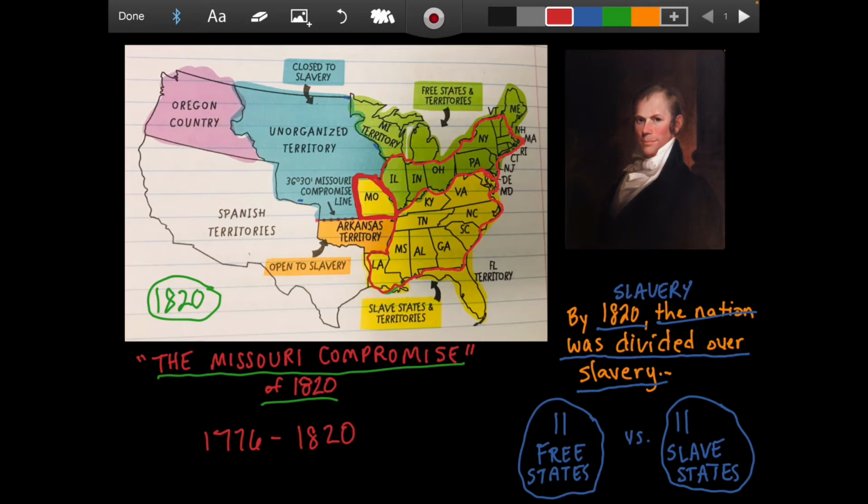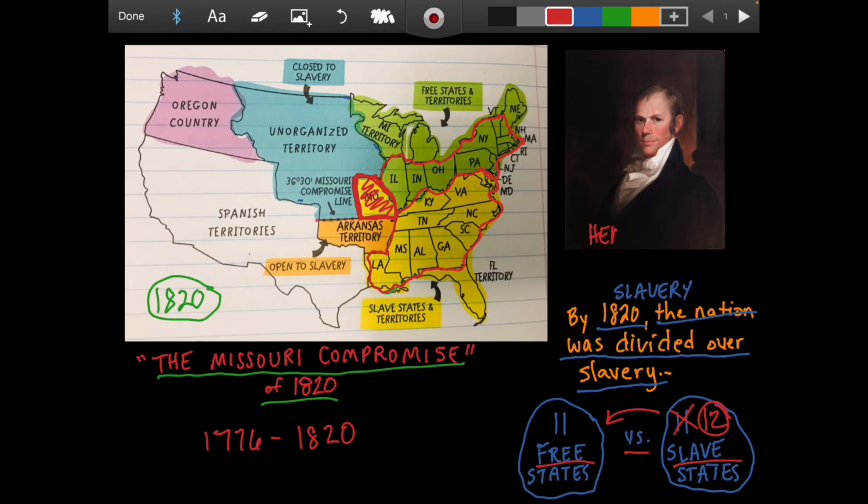But if they do this, it will change the balance between the free and the slave states. And so the slave states will end up with 12 states, which will outnumber the 11 free states. And a lot of people in the North were afraid to give up this power to tilt the balance. And so a lot of people didn't want Missouri to become a state. Some people were against it.